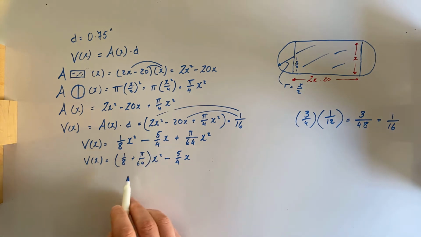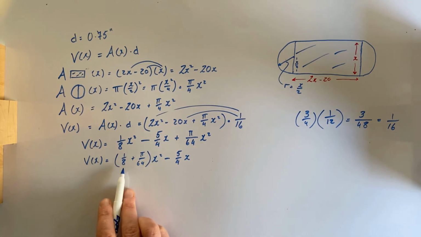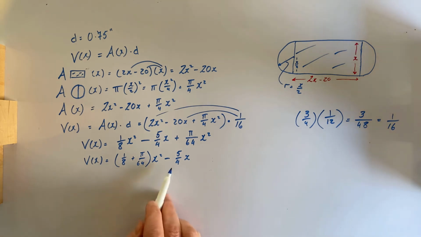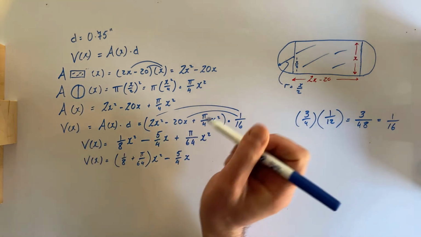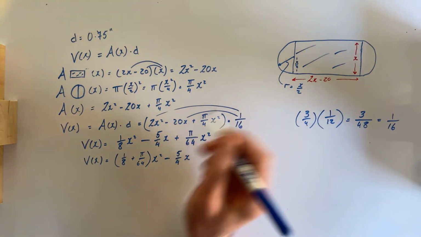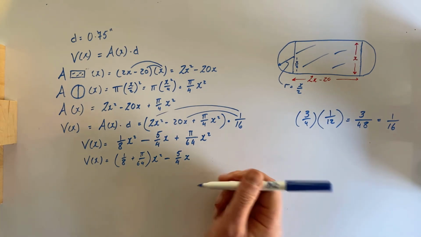Like I say, it is a quadratic binomial. The coefficient on my x squared term is 1 over 8 plus pi over 64. The coefficient on my x term is negative 5 over 4. The coefficient on the x squared term is positive, so it's going to open upwards. But that's it. Either form is perfectly good.